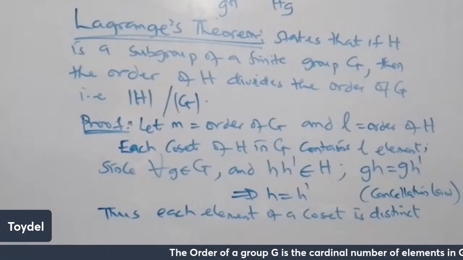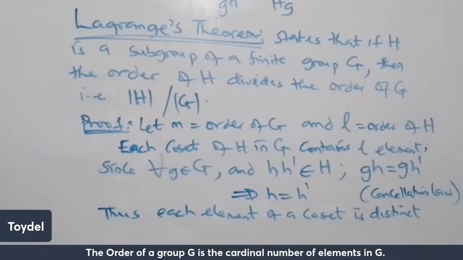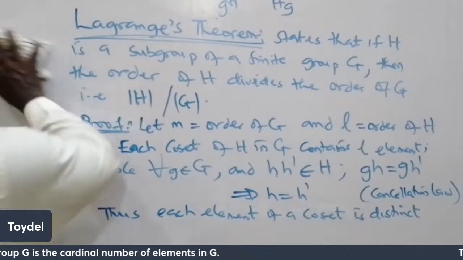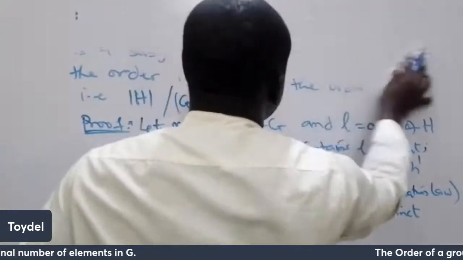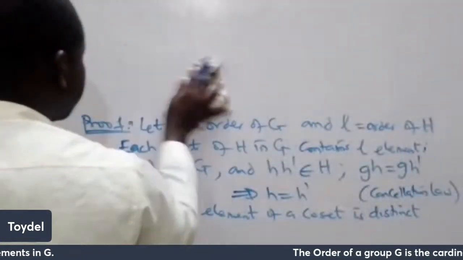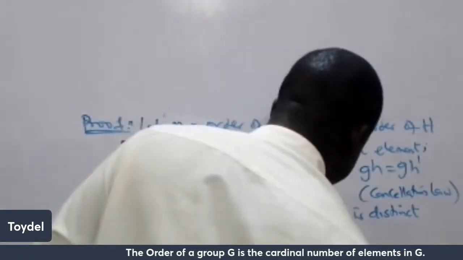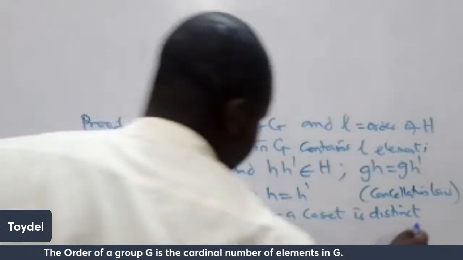Then we can say that all the cosets of H in G form a partition of G. From the proof, we have been able to establish that each element of a coset is distinct.